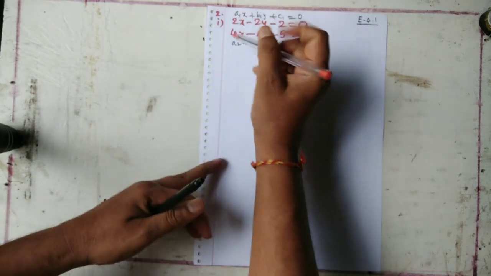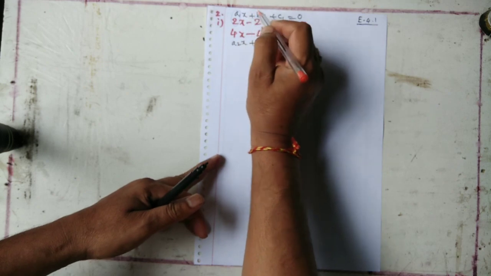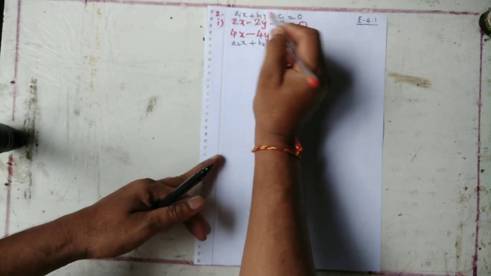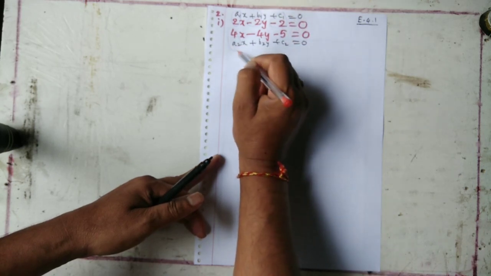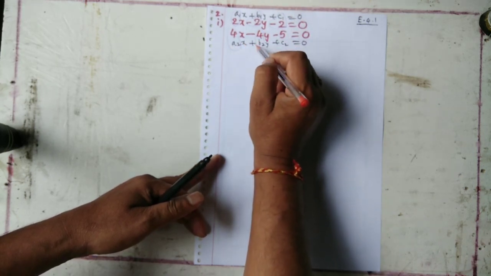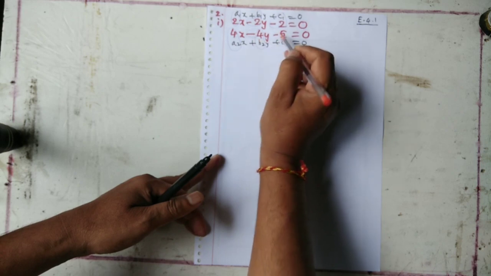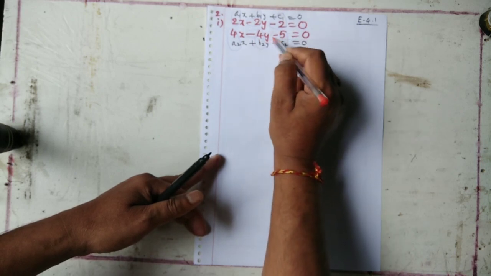We have a1 is equal to 2, b1 is equal to minus 2, c1 is equal to minus 2, a2 is equal to 4, b2 is equal to minus 4, c2 is equal to minus 5.